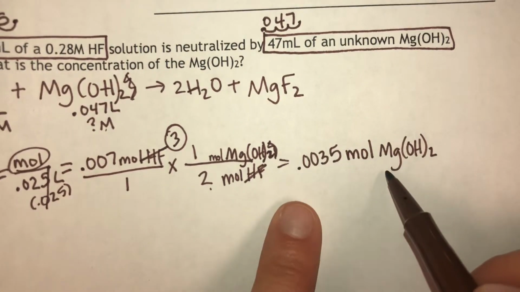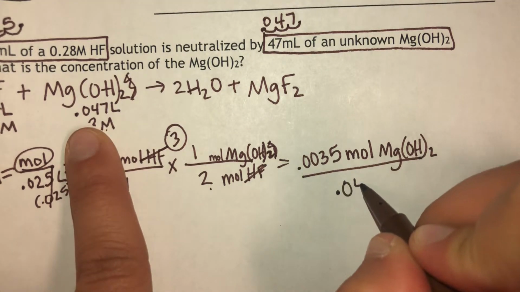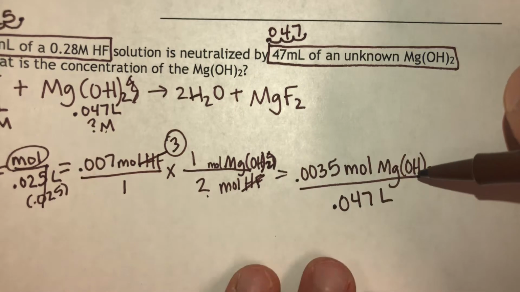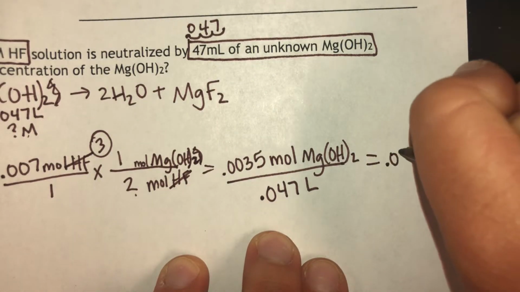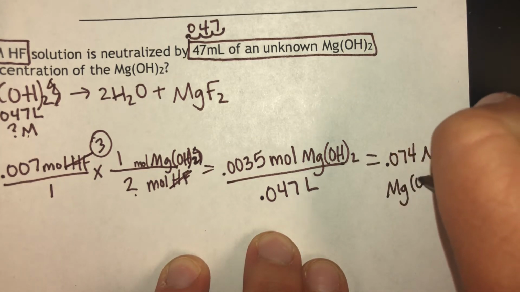We have our moles, and we're just going to divide by the liters that they gave us, 0.047 liters. And then we will divide that out, and that will be our final answer, which is 0.074 molarity of MgOH2.